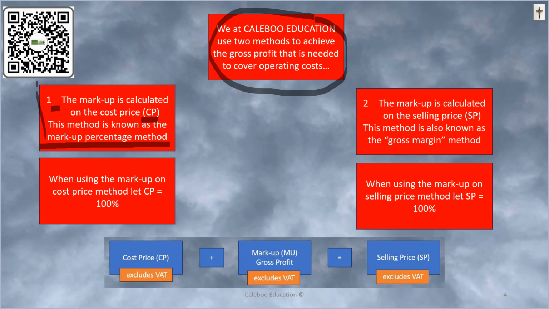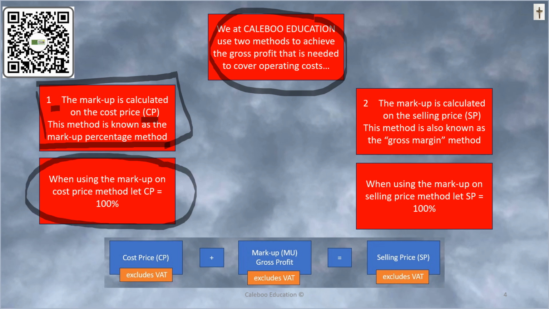The markup here is on the cost price. When we use the markup on the cost price, we let cost price equal 100%.